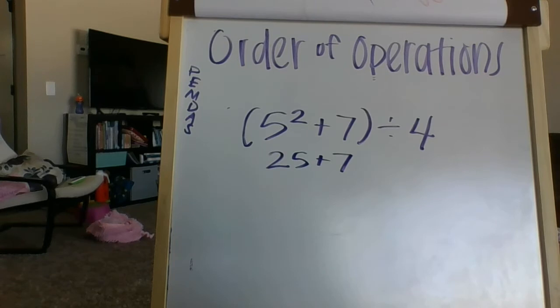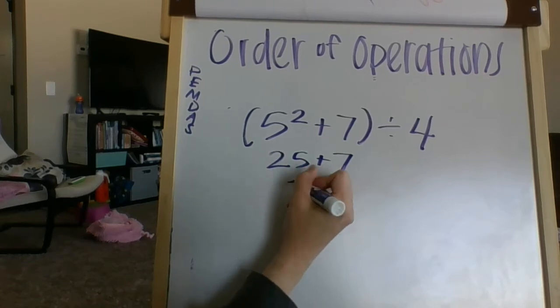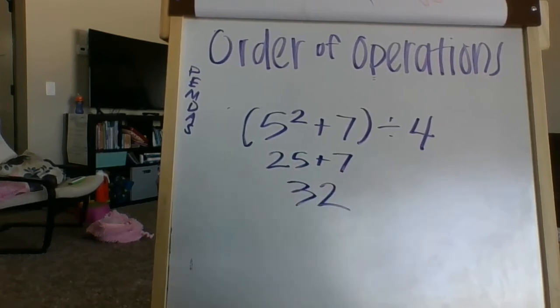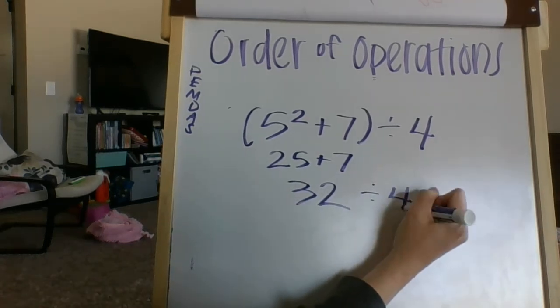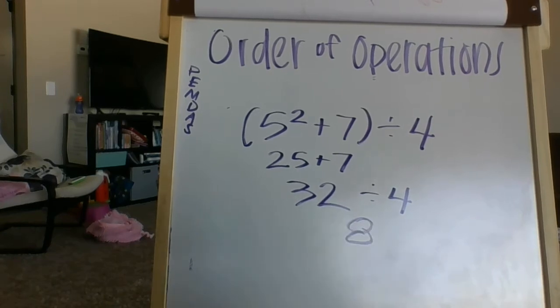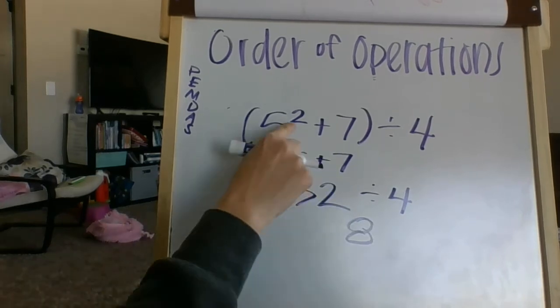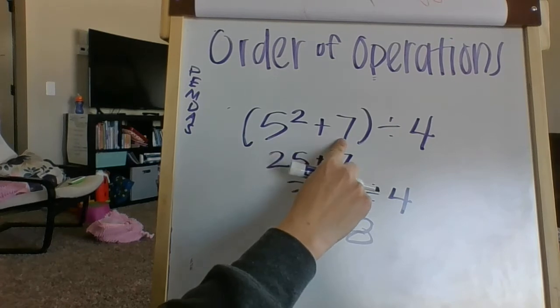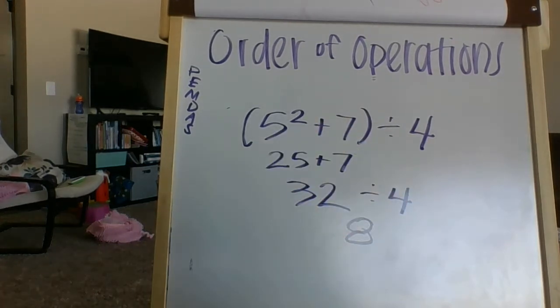If we add that to 7, we end up getting 32. So our parentheses is 32, but then we need to divide by 4. Here, our answer is going to equal 8. Parentheses, exponents first, finish the rest of the parentheses, and then we do our division.